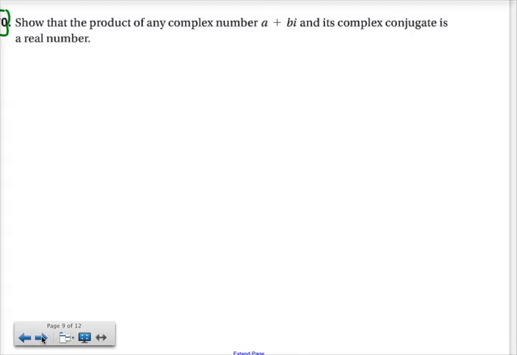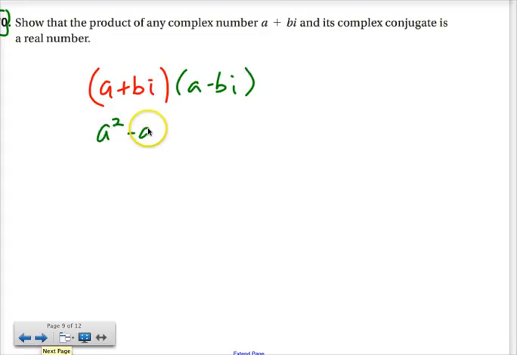Then this one says, show that the product of any complex number a plus bi and its conjugate will be a real number. So if I multiply these two together, I will get a squared minus abi plus abi, and then minus b squared i squared.